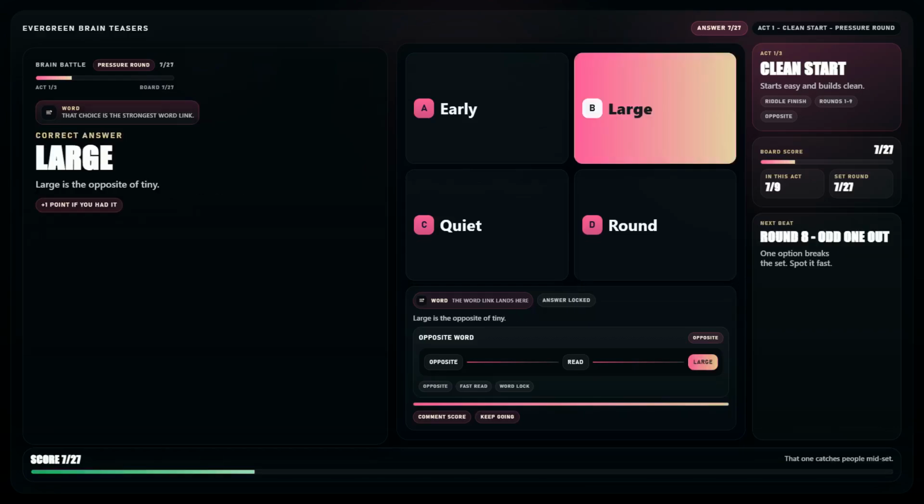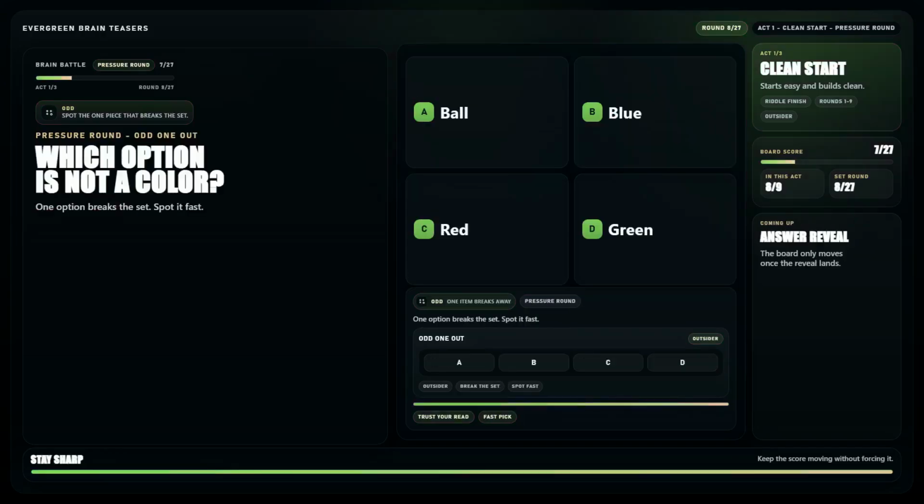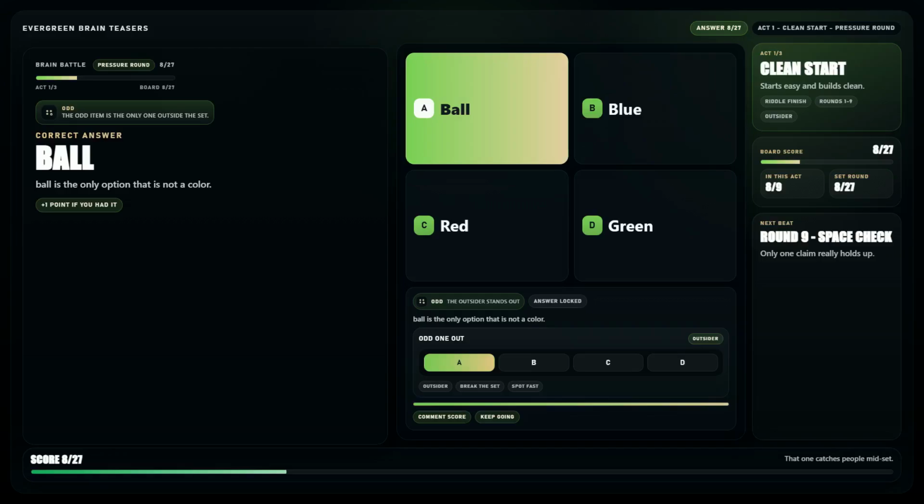Large. Outsider switch. Which option is not a color? Ball. That is the outsider.